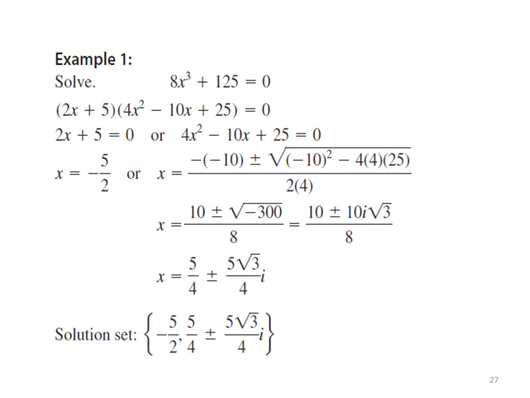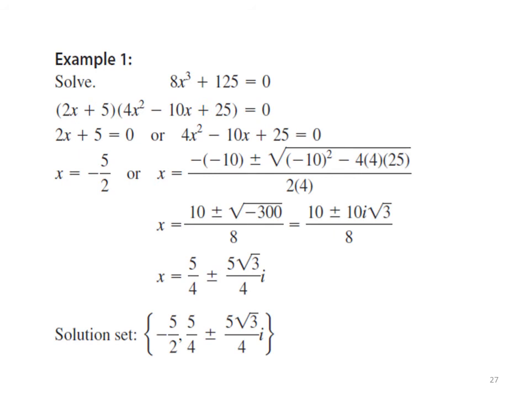The denominator is 8. Next, you want to write it in standard form. This is 10 over 8, which is just 5 over 4, minus or plus 5 times the square root of 3 divided by 4. This is just dividing by 8 and simplifying.